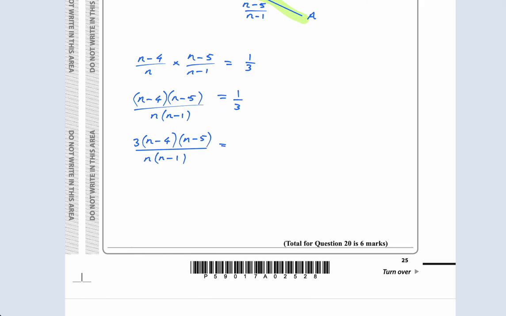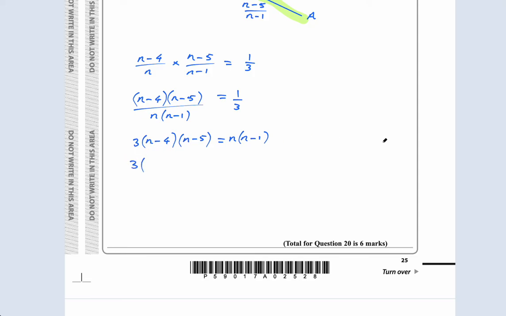Oh, sorry, hang on. I should have done that in one go. Okay, let me say that again. I'm doing 3 times this equals 1 times this, n times n minus 1. Now multiply out these two brackets.